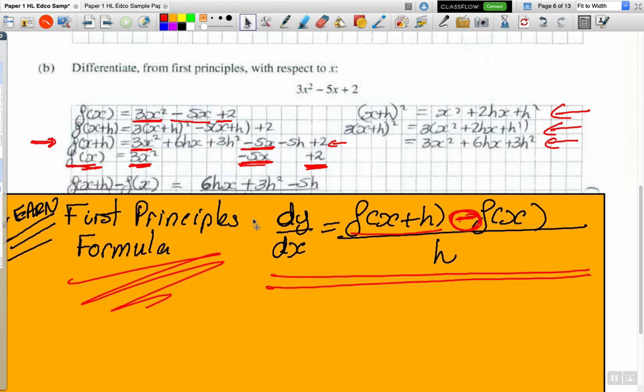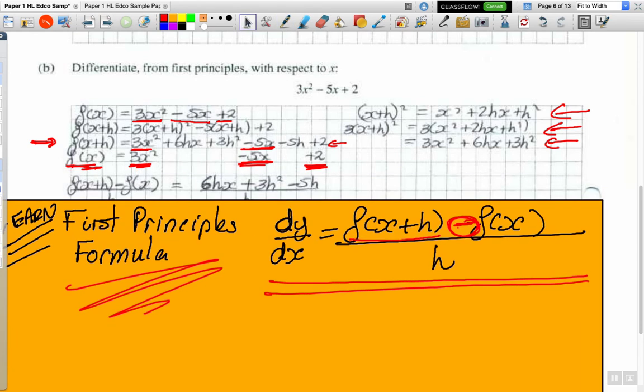So when you do the minusing, 3x squared cancels, the minus 5x take away minus 5x cancels, the plus 2 take away plus 2 cancels. So you're left with 6hx, you're left with 3h squared, and you're left with minus 5h. And then what does the formula tell you to do? Divide by h.